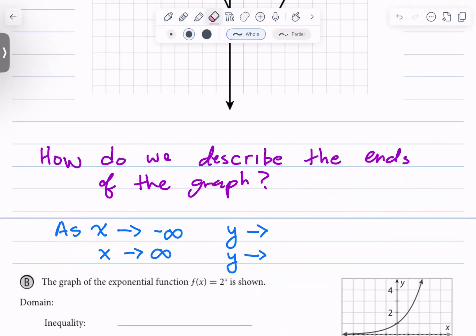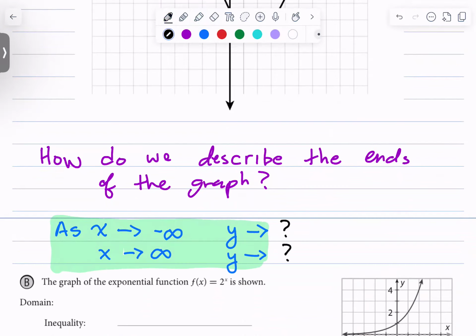Okay, so this part here, class, represents your end behavior. It describes your end behavior. And then all you're going to do is answer that part of it.